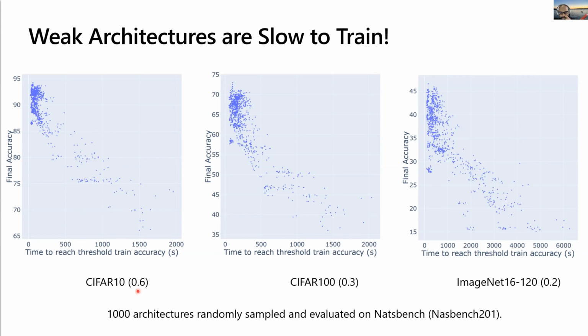On CIFAR-10 it's 60%, on CIFAR-100 it's 30%, on ImageNet-16 it's 20%, because we took a shallow pipeline, and when we ran it on each of these three data sets, these are the numbers they could achieve. Which are not very impressive from a deep learning perspective, but it gives us that shallow kernel performance very quickly. And we see this particular phenomenon as well, that weak architectures invariably take much longer.